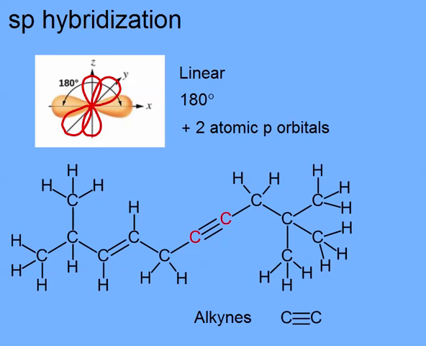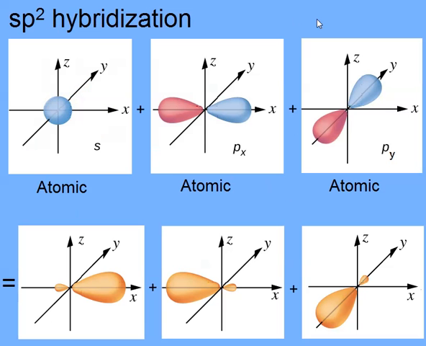Let's look at the next kind of hybridization, sp2 hybridization, and as the name suggests, we use the s orbital and 2 of the p orbitals from the p subshell. We combine them together like wave functions, like water waves, and when the blue parts are in phase together, they come together constructively, and when the blue and the red parts come together, they're coming together destructively, or out of phase.